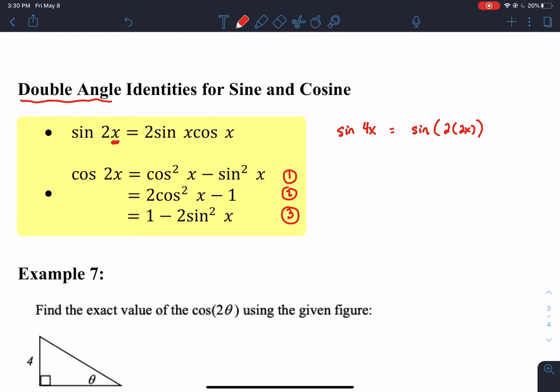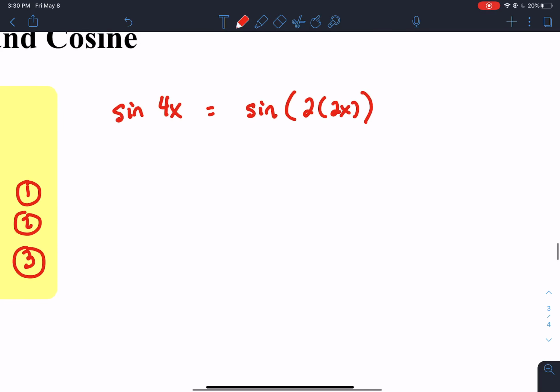I'm treating x as the angle that I use. So that shows up here and also here. Now, when I'm doing sine of 4x, I'm actually doubling 2x. That's the angle that I'm doubling. So when I do my formula, it would be 2 sine of 2x cosine of 2x, because you're doubling the 2x.